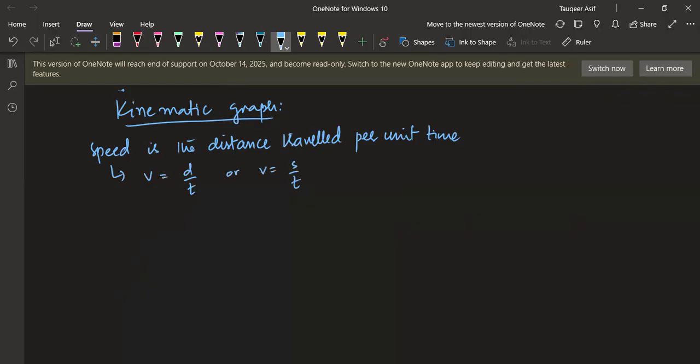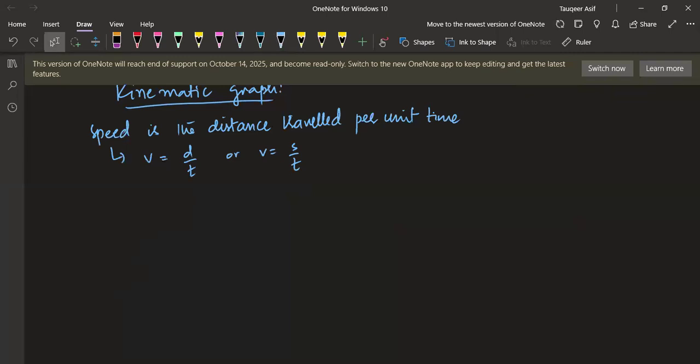Now, if I draw the graph for the speed, I have to draw a distance time graph. Remember, if the object is moving with constant speed, then we will have a straight line.